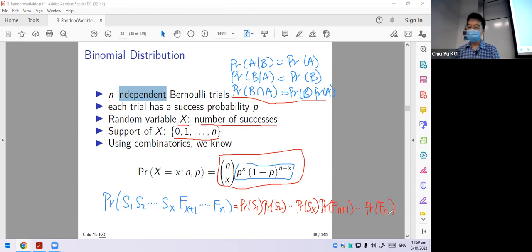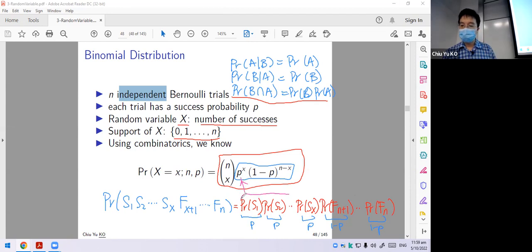And you do know that each one is the same. For a success it's just p, and for the failures it's 1 minus p, 1 minus p. So you have p to the power x, so that's why you have p to the x here.